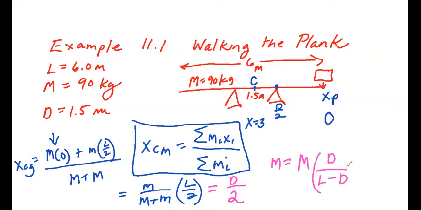That's 90 kg, the mass of the plank, times 1.5 meters divided by 6 meters minus 1.5 meters, and my answer is 30 kilograms.